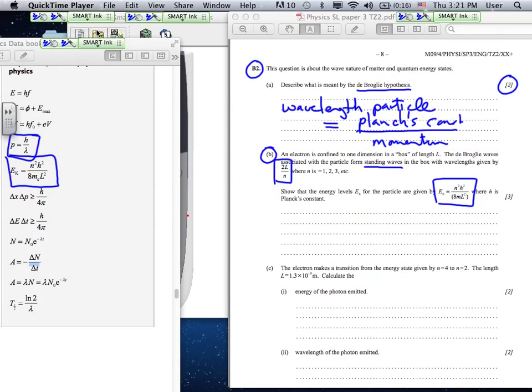Okay, so in doing this, we are basically going to be using this formula over here, that p is equal to h over lambda, but we want kinetic energy. So I want to somehow put my momentum in terms of kinetic energy. Now we remember our formula for kinetic energy is equal to a half mv squared, and therefore I can say that Ek is equal to m squared v squared over 2m.